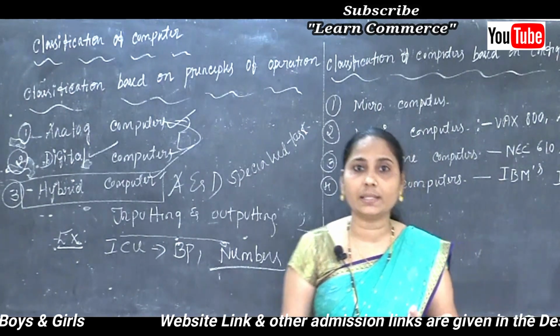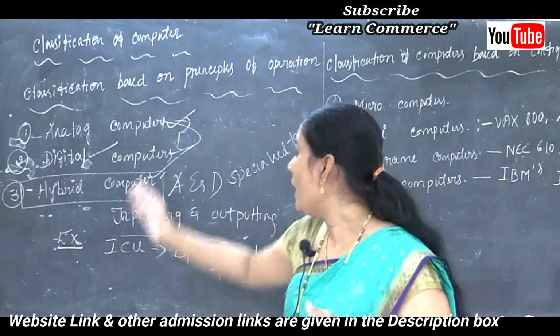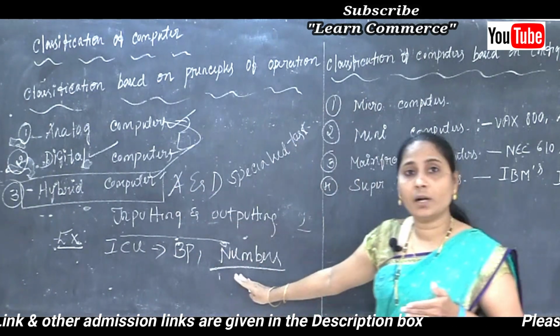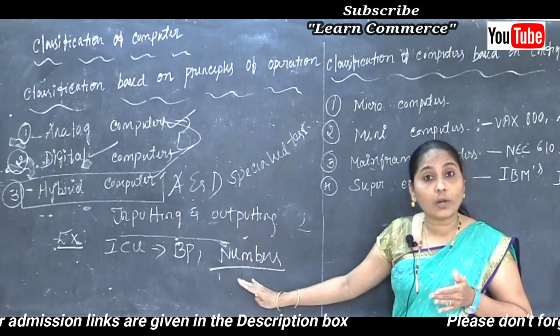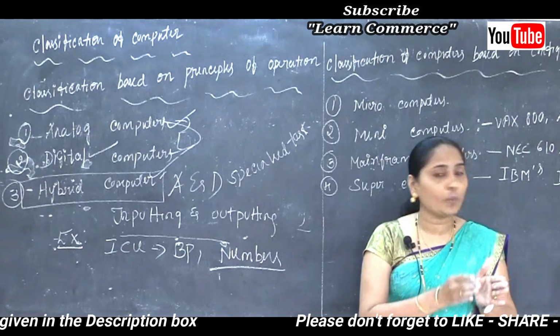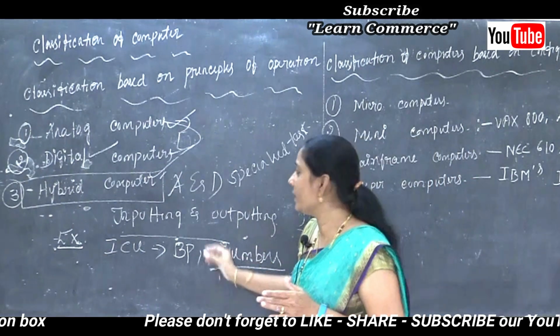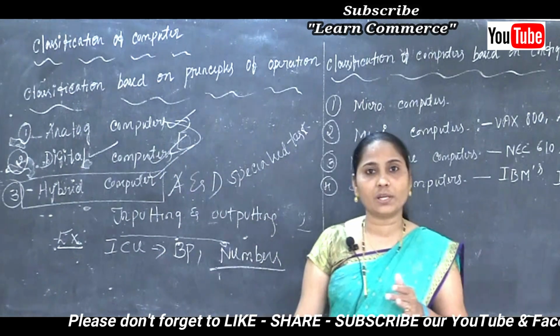So we can say that whatever measurement we got from our analog computer, such measurement is later going to be converted into numbers, and after converting, such information is going to be supplied to components like our digital computers. So clear this point.